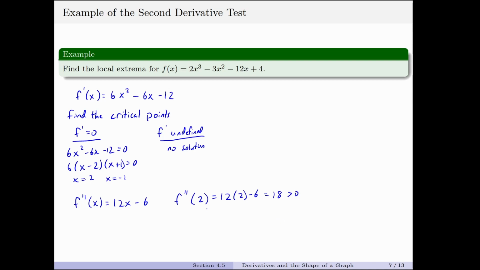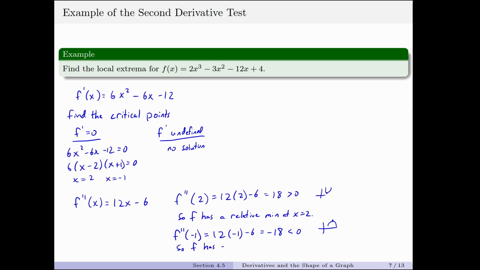That means that the function is concave up, which means that at x equals 2, we have a relative minimum. When we test negative 1 into the second derivative, we get 12 times negative 1 minus 6, which is negative 18, which is a negative value, so I know the function is concave down there, and that means that if I get a critical point, it's going to be a max. So f has a relative max at x equals negative 1.